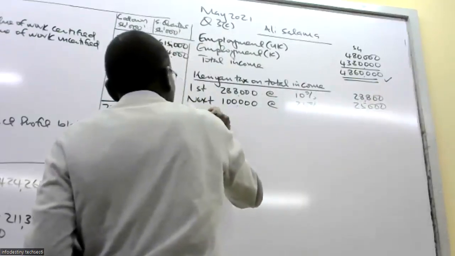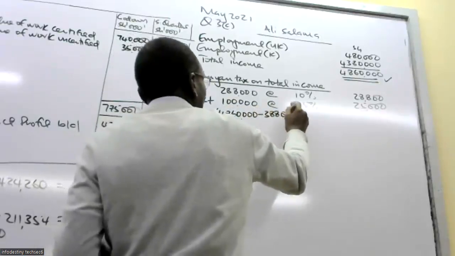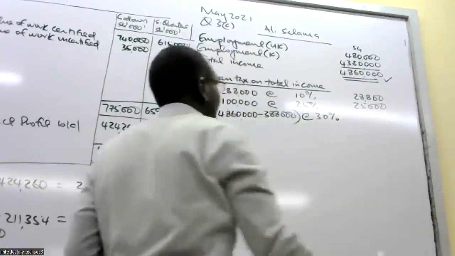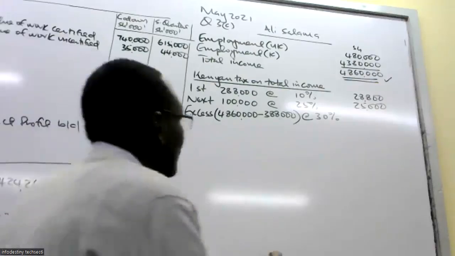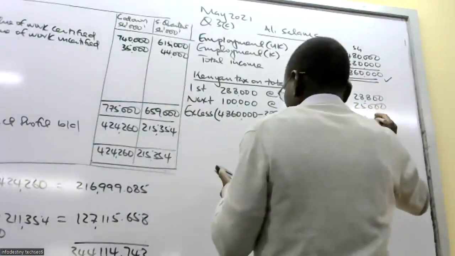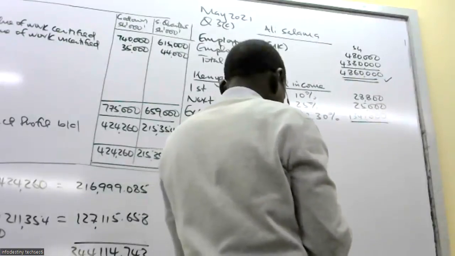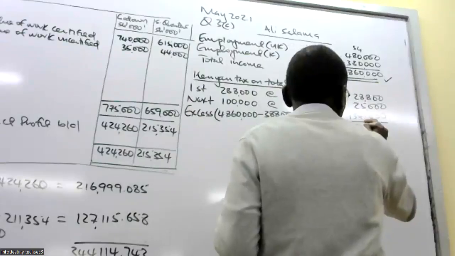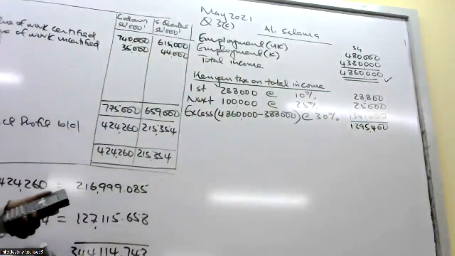In excess, it is 448.60. That is Kenyan tax on total income.